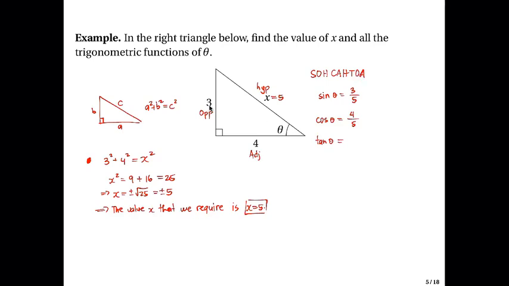So this is your theta, this is the opposite, that's 3, and the adjacent, you have here 4. So you have 3 over 4. Questions so far?